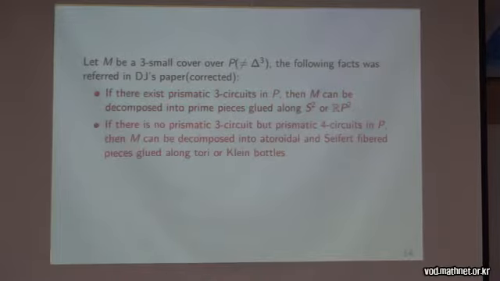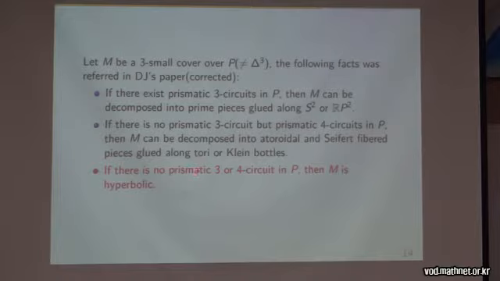If there is no prismatic 3-circuit but a prismatic 4-circuit in P, then M can split into toroidal or surface fiber pieces glued along tori or Klein bottles. And if there is no prismatic 3- or 4-circuit in P, then M is hyperbolic. The last is in fact Andreev's theorem in the right-angled case.